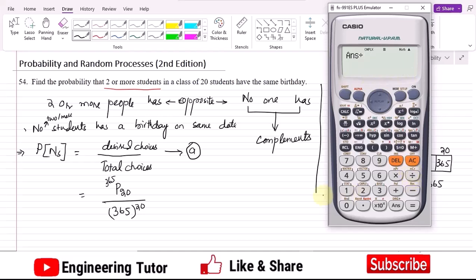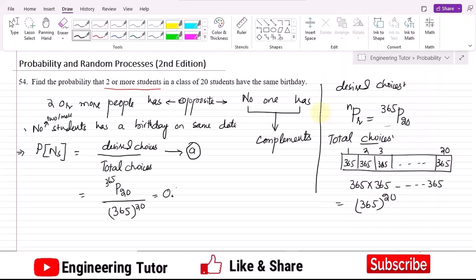Now dividing it by 365 to the power 20, I get 0.59 or 0.58. Let me write it as 0.58.